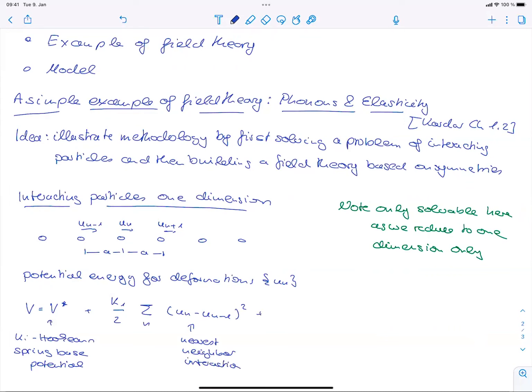But in a more general form, I can also write down next nearest neighbor interactions. That would be a different spring constant. And the next nearest neighbors would be u_n minus u_{n-2}, squared.